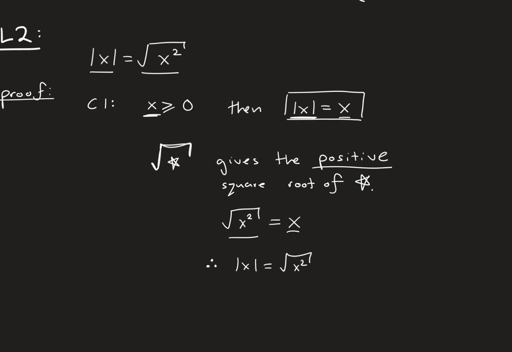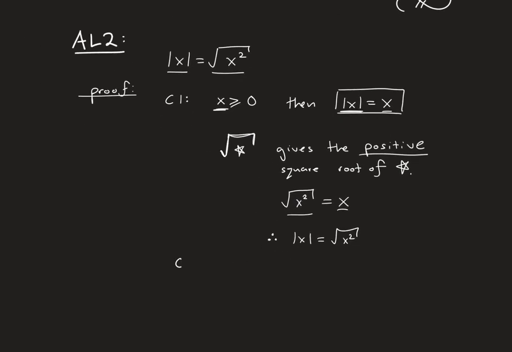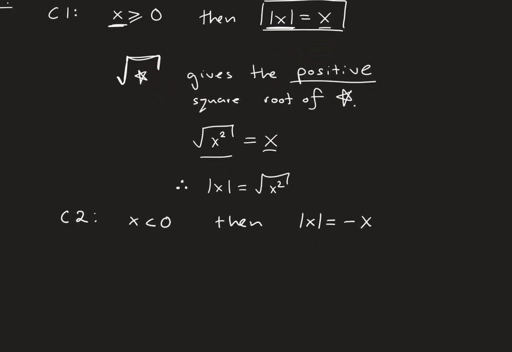All right, here's case 2. Case 2, x is less than 0. By definition, then the absolute value of x is actually equal to negative x. X is less than 0, x is negative. To force it to be positive, you put a negative out front. That's how the absolute value behaves.